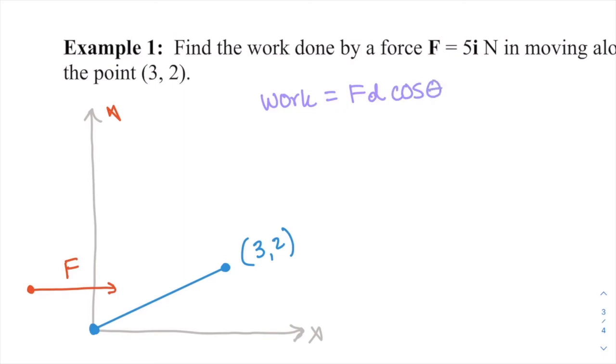Now that looks very familiar to the dot product formula. It's your force direction times the cosine of the angle. And so because the dot product is telling us how much of one vector is in the direction of another, we can use the dot product to find how much of this force is acting in our path of motion.